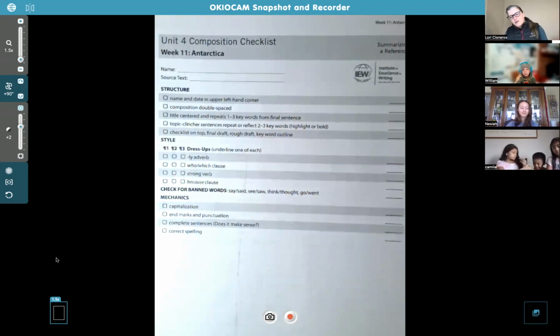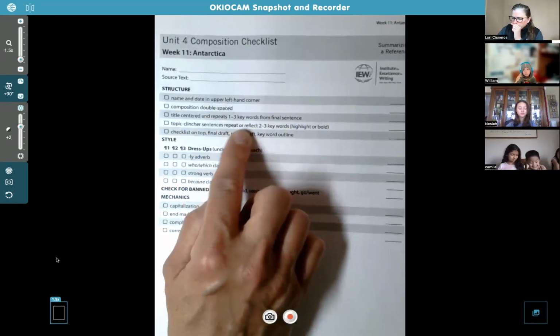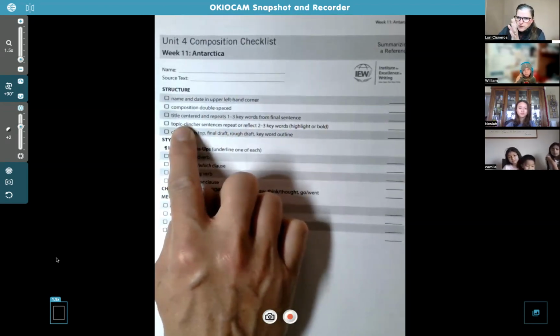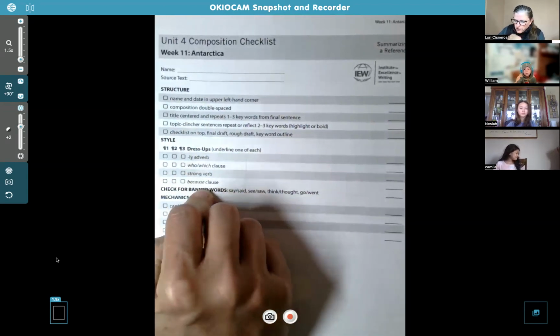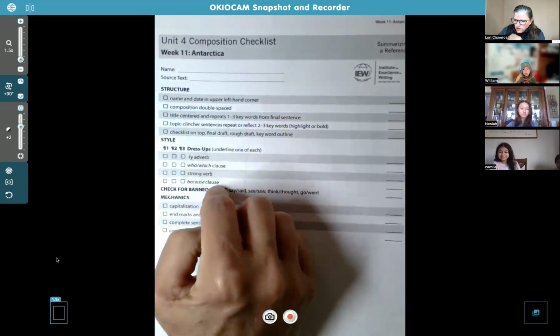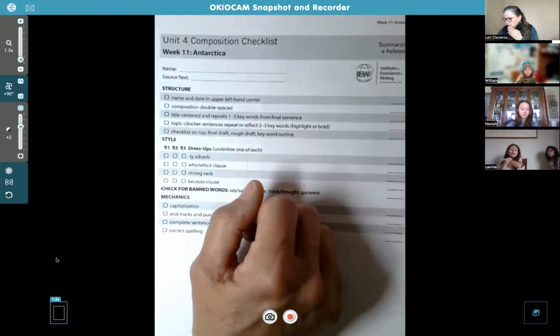Something like that. You can add to your title to make it interesting. And then you've got your topic clincher. You guys know that rule. Each paragraph has to have those highlighted or bolded words from the first and the last sentence. And then, of course, your dress up words are still the same right here. You have 4. And you have to make sure to underline those in your paragraph. Okay.